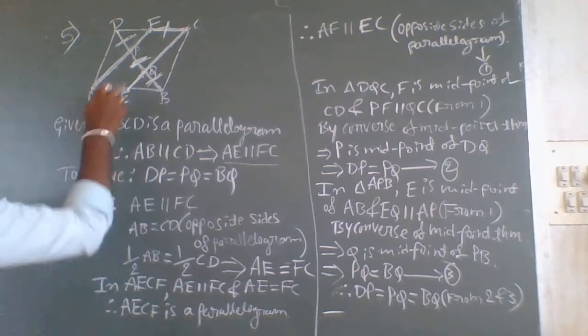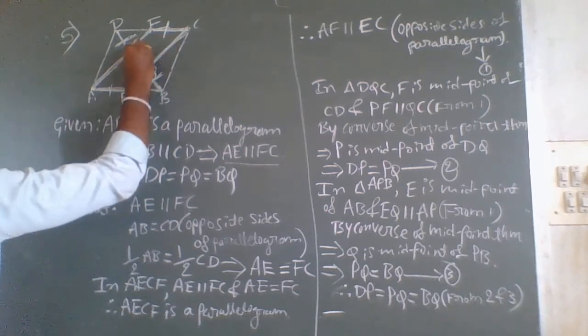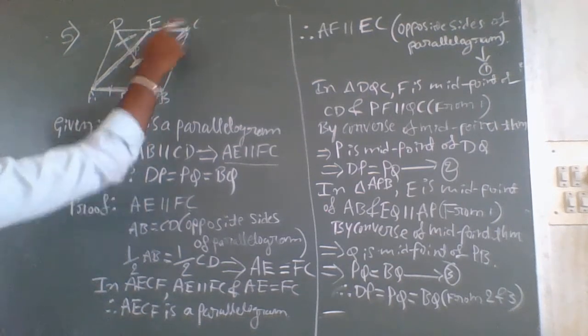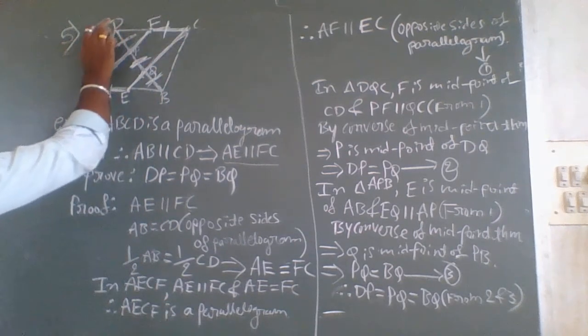So now, if these two sides are parallel, then CQ and PF are parallel. Why? Because these two are parts of EC and AF. And we know that F is the midpoint of CD.